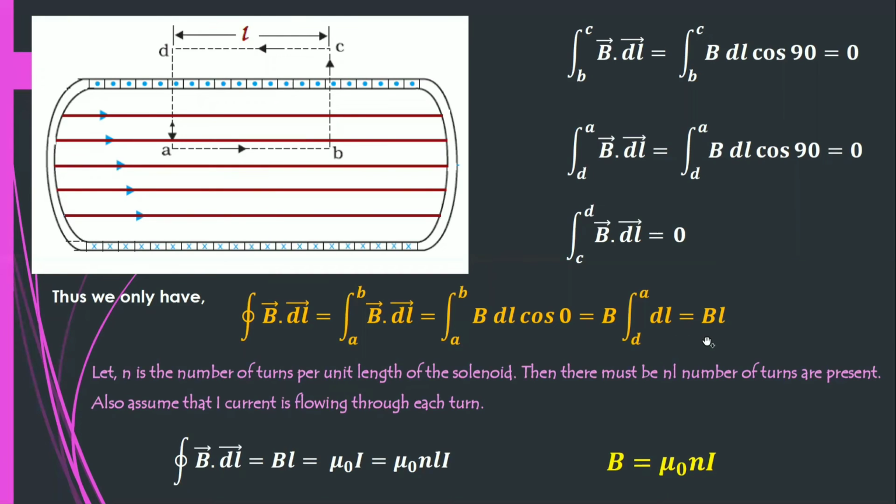Suppose n is the number of turns per unit length of the solenoid.